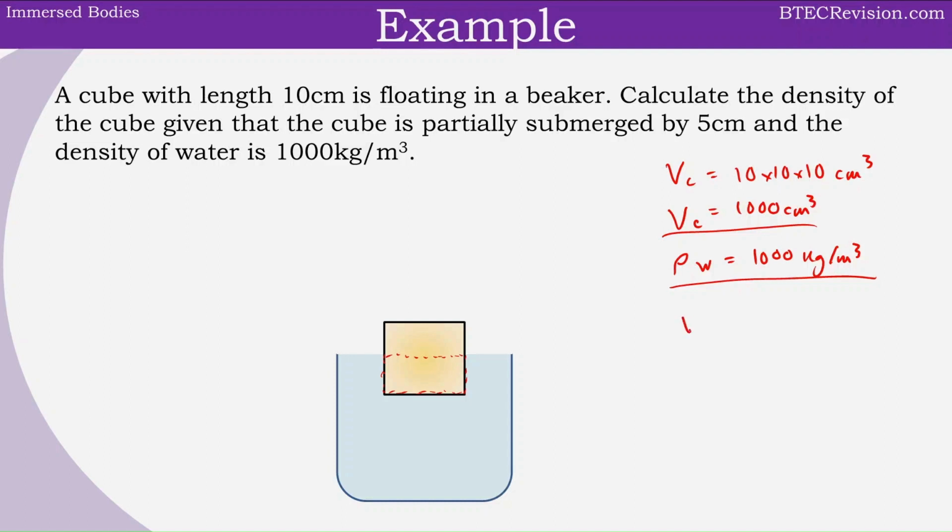So the volume of the water is going to be equal to, and it says here it's submerged by 5 centimeters, so that's going to be 10 times 10 times 5 centimeters cubed, which gives us a value of 500 centimeters cubed.